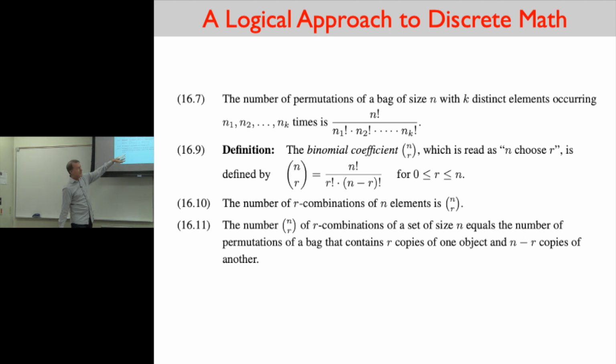The binomial coefficient n choose r is defined by n choose r equals n factorial over r factorial times n minus r factorial, for 0 less than or equal to r less than or equal to n. Different ways of arranging it. And what we're saying is the number of r combinations of n elements is n choose r.